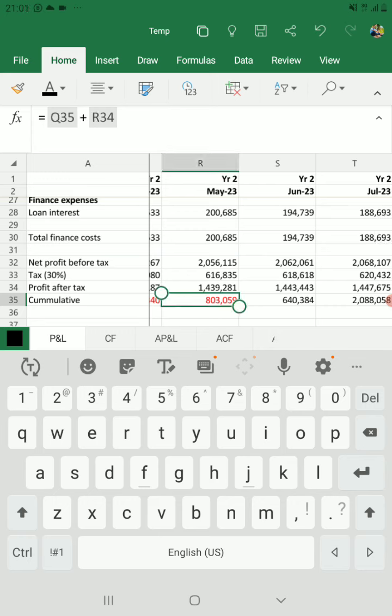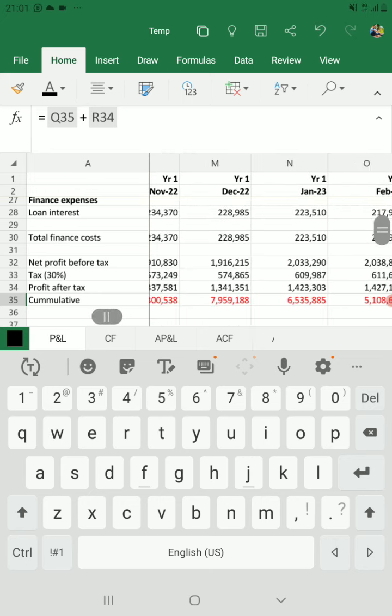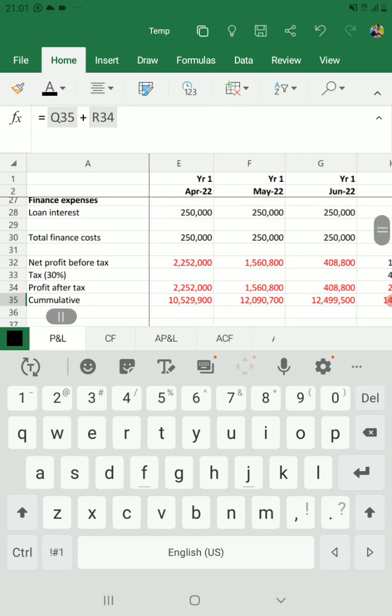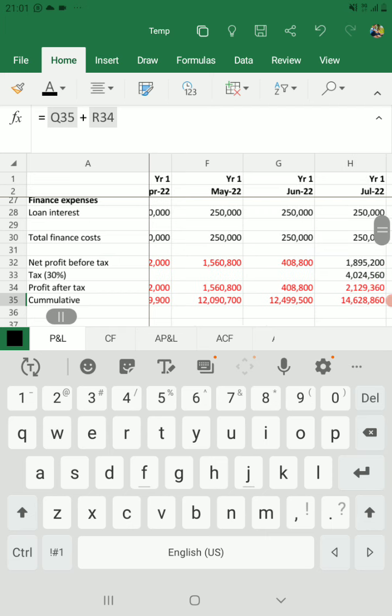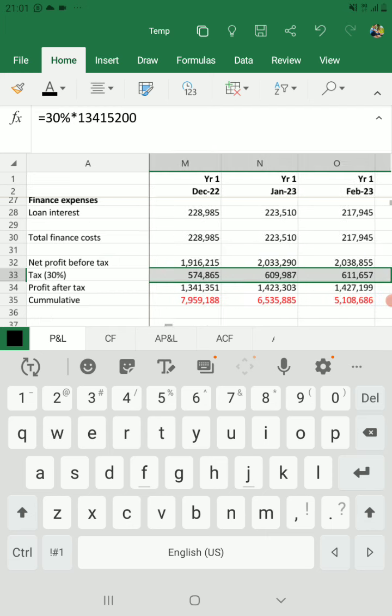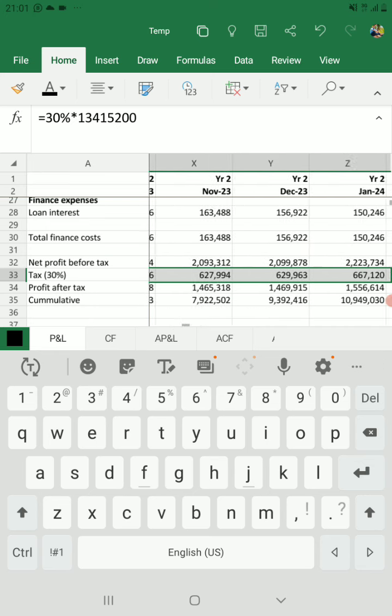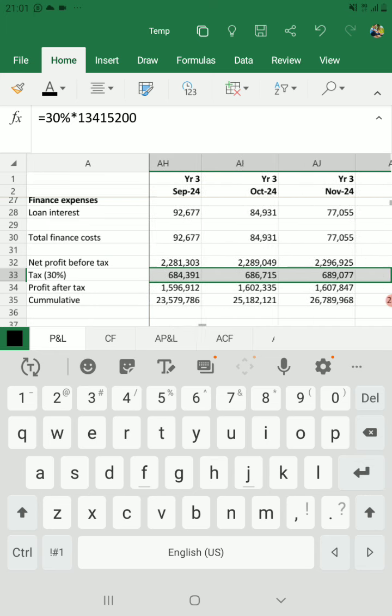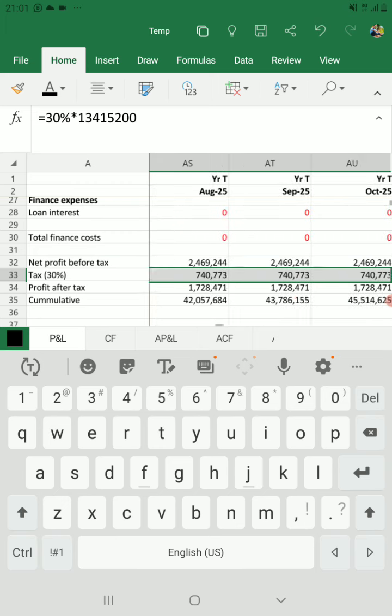So all this period we do not compute tax, because we will have to pay tax after we have absorbed all the cumulative losses. Okay, so I need to delete this tax figure here, which we did, so that we do other computations.